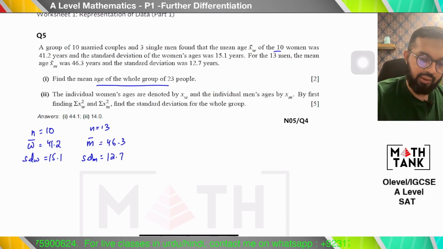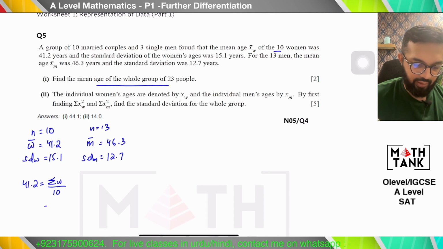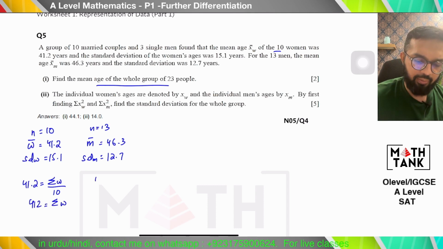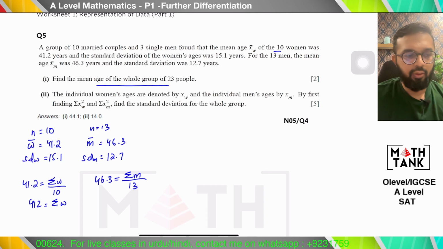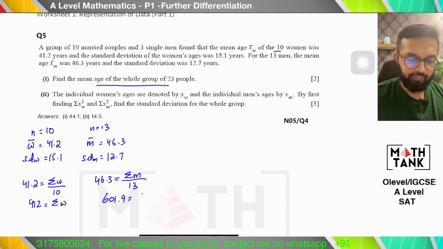So what I'm going to do is first take the mean age of the women and say that I want to find the sum of W. So what was the sum of the ages of the women? So I find that out, and that's 412. What about the men? 46.3, sum of m divided by 13. 13 into 46.3 gives me 601.9.